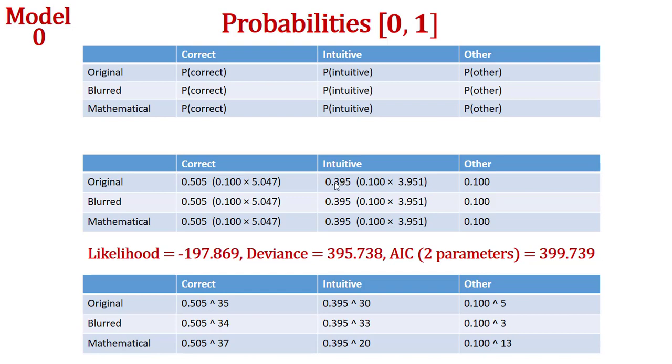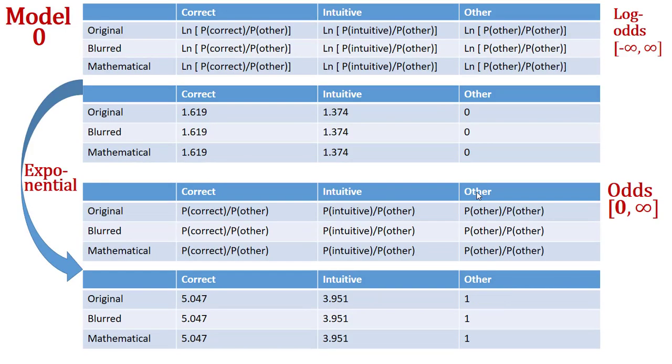So we obtain the ratio of this one over this one and this one over this one, and I'm going to come back now to the previous slide, and this is what we obtain, the odds: 5.047, 3.951, and if we do the probability of other over the same probability, obviously that would be 1. And then we obtain the logarithm of those values and that gives us that. And that's the output that we get.